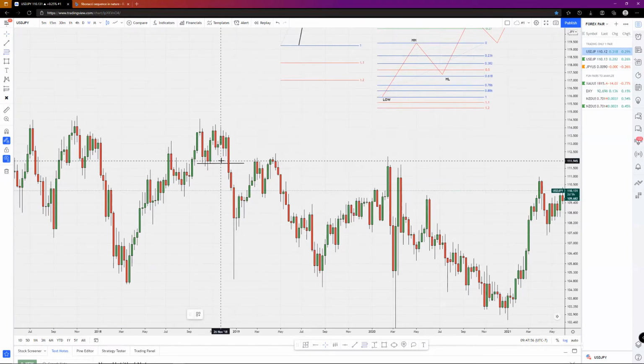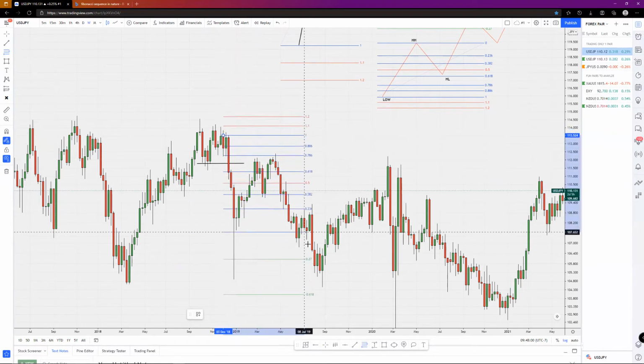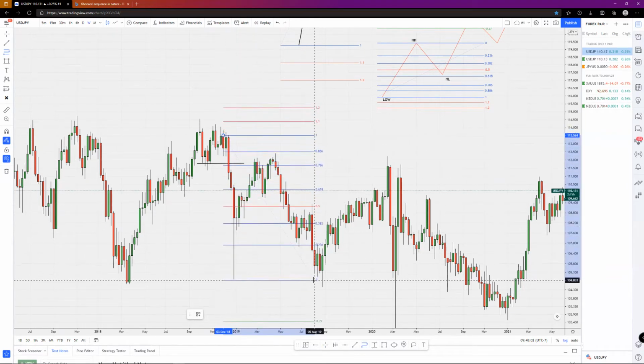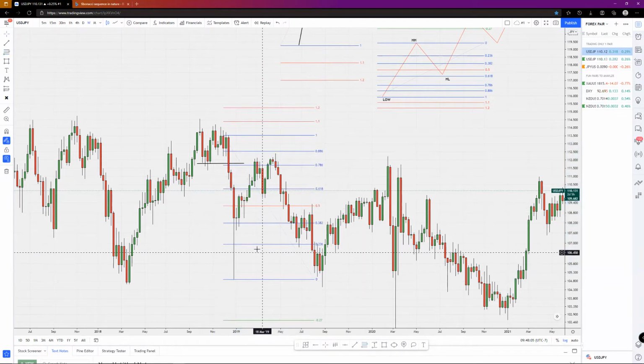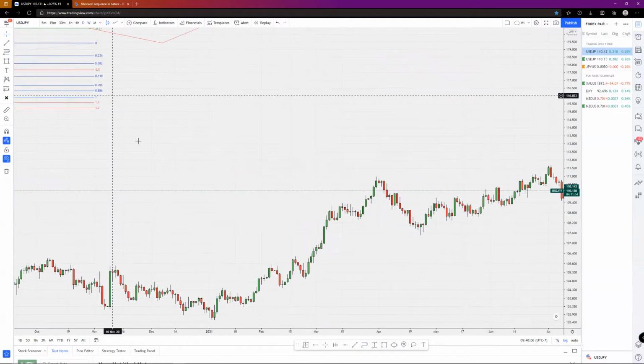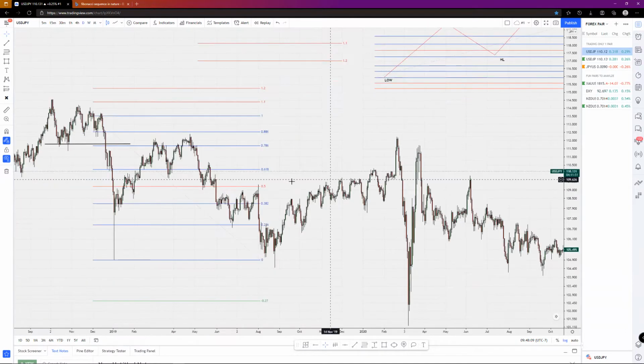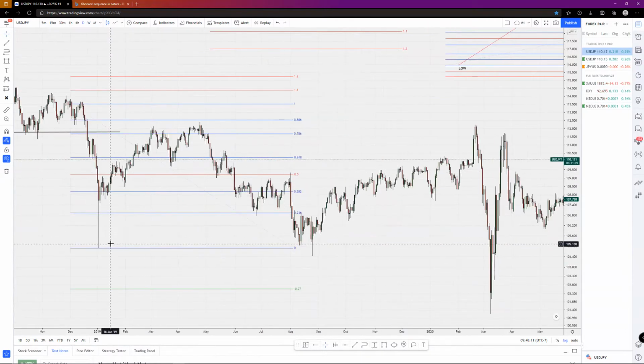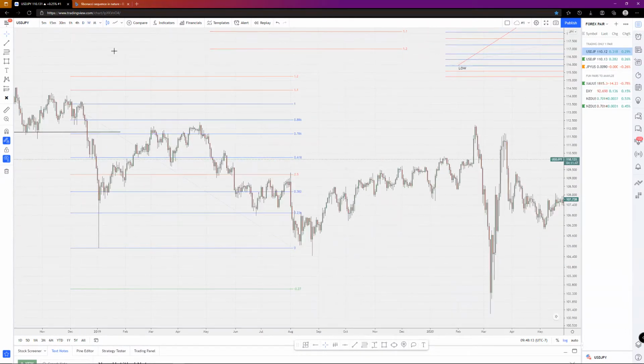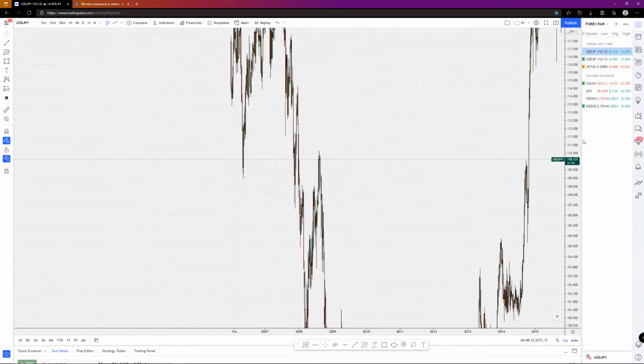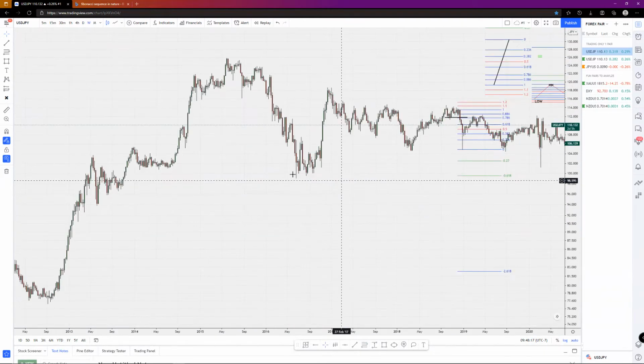So don't do it like this, but this is just an example. I would therefore extend my fib out to where I found support at, even though I wouldn't necessarily do it on here, considering that long wick. But I just want to show you guys an example in the actual market structure.